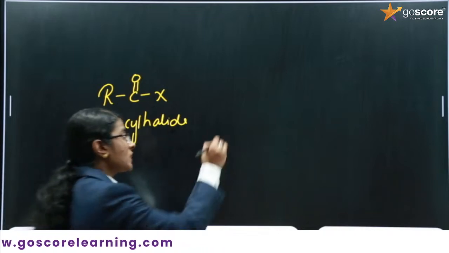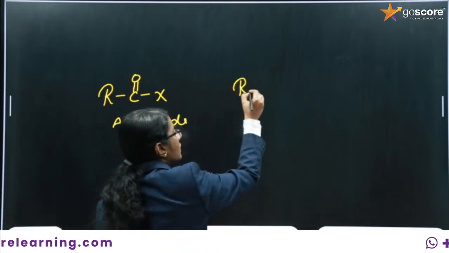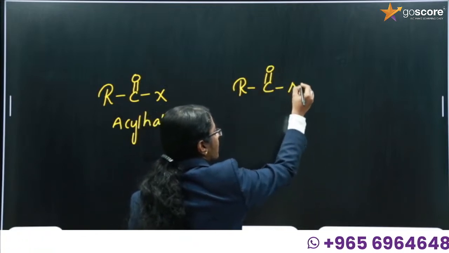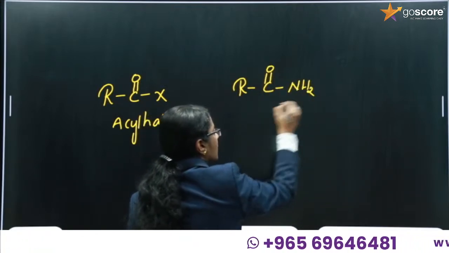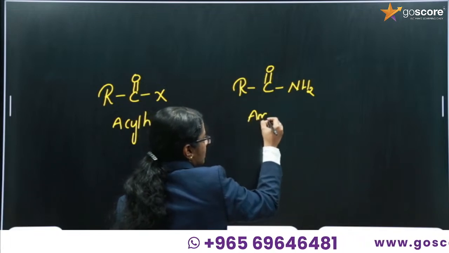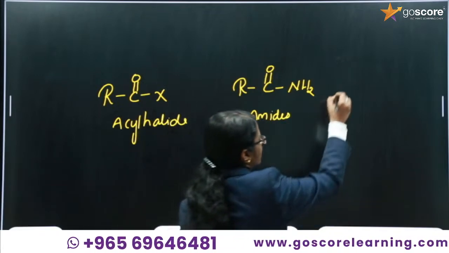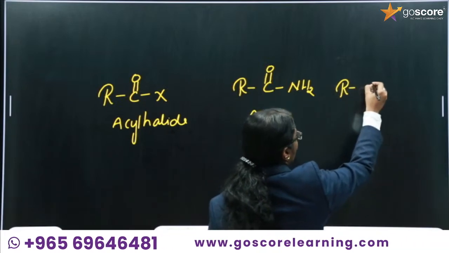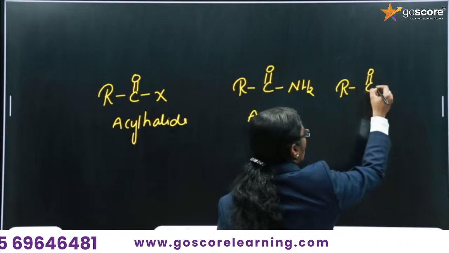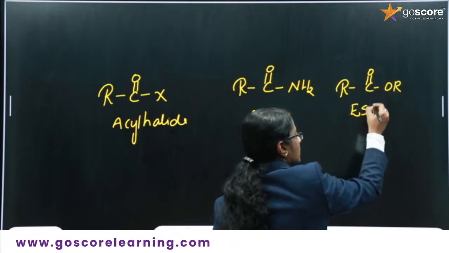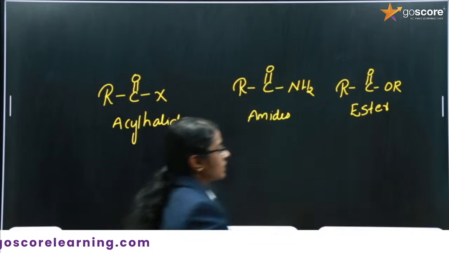If the carbonyl group is attached to an NH2 group, then it is called amide. If the carbonyl group is attached to OR, then it is called ester.